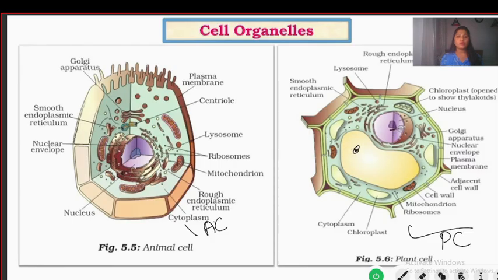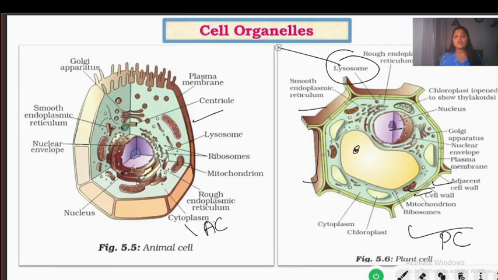Nucleus is present, then there is a cell wall present, there is plasma membrane also, there is mitochondria also present, there is endoplasmic reticulum present, there is lysosome present. Now we will come to the role of lysosome. So they are also present. Hardly 2 or 3 organelles are different in plant cell and animal cell, and the major thing which is different here is the cell wall. And this is an animal cell.